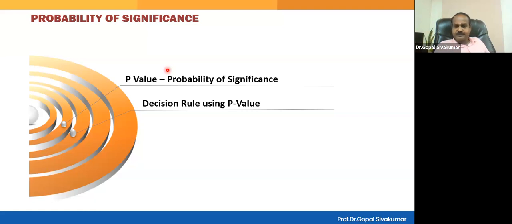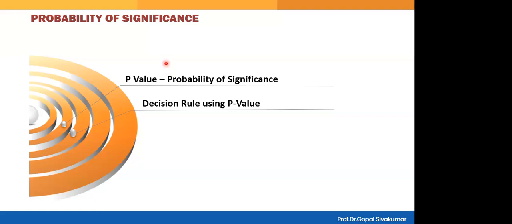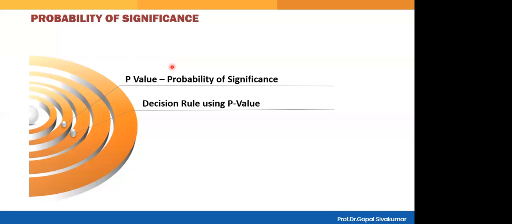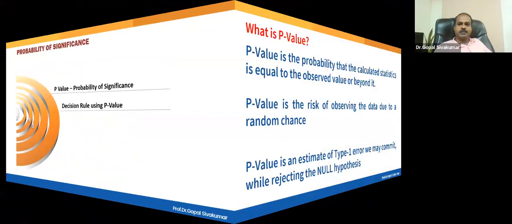Correct? In the same manner for your process, you have to set such a level. And what is the probability for the data or the statistics to go beyond that set value? That is normally set at 5%, and we call it probability of significance.